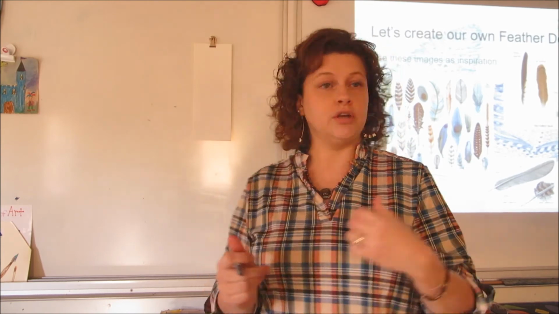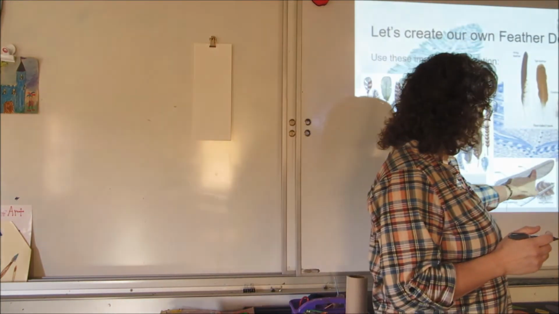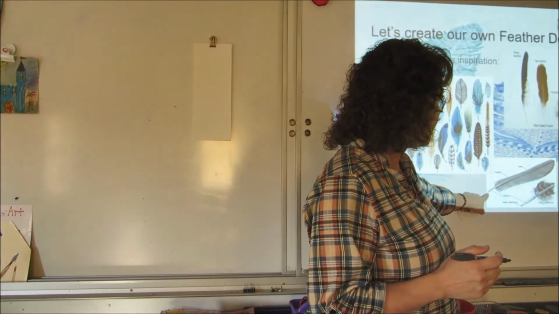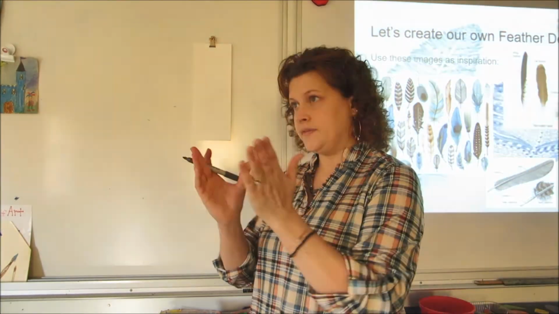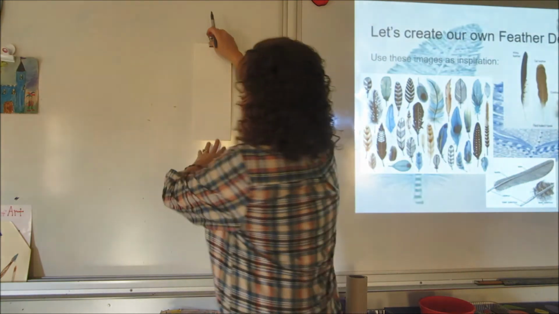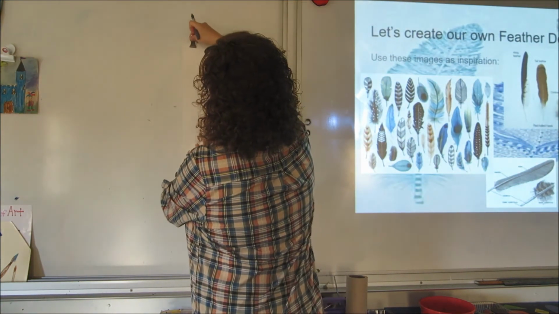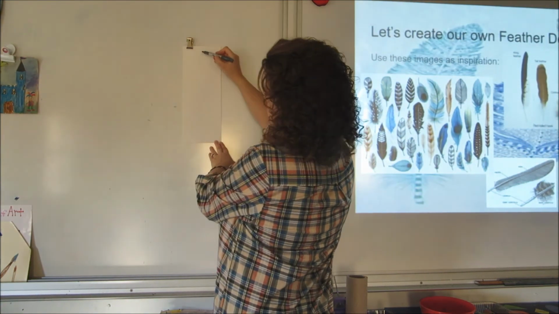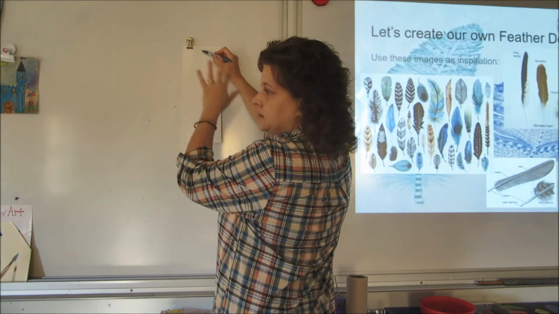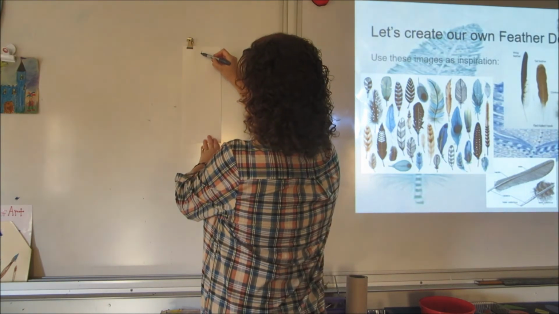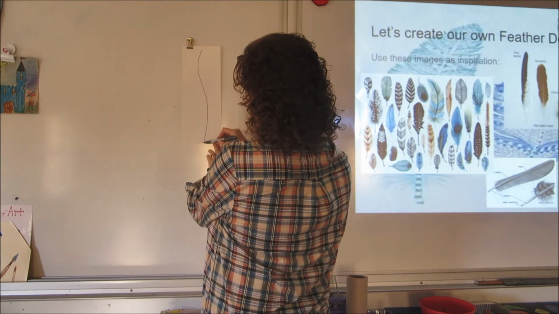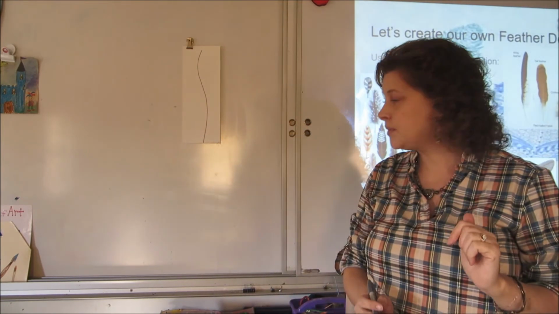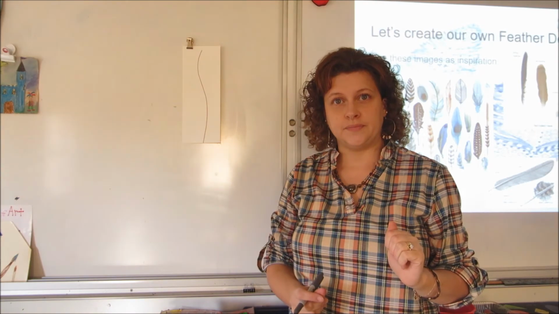We're going to make sure that we draw this center line here, the vein, or the middle part, that hard part of the feather that holds all of it together, from the top of the paper all the way down to the bottom. So I'm going to start up here at the top, and it can flow, it can be completely straight. I'm going to curve mine a little bit all the way down to the bottom of the page.